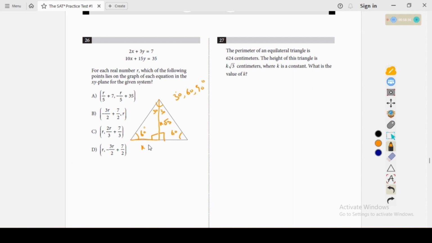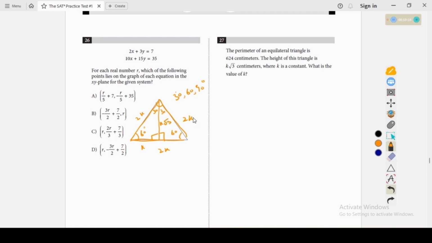By using both of these values we can find the length of the hypotenuse of the triangle, and the length of the hypotenuse is 2k, as the hypotenuse represents the side of the equilateral triangle. Each side of the equilateral triangle has length 2k, and the same for this side, 2k.